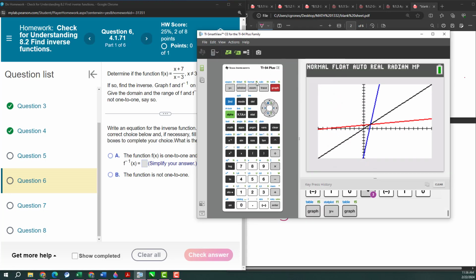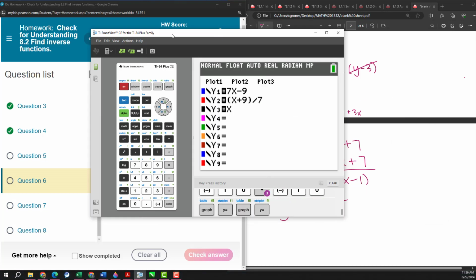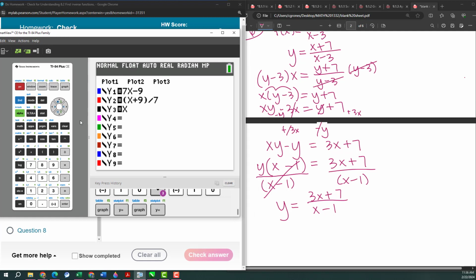So let me plug both of these into our calculator. I start out with y equals (x plus 7) divided by (x minus 3).